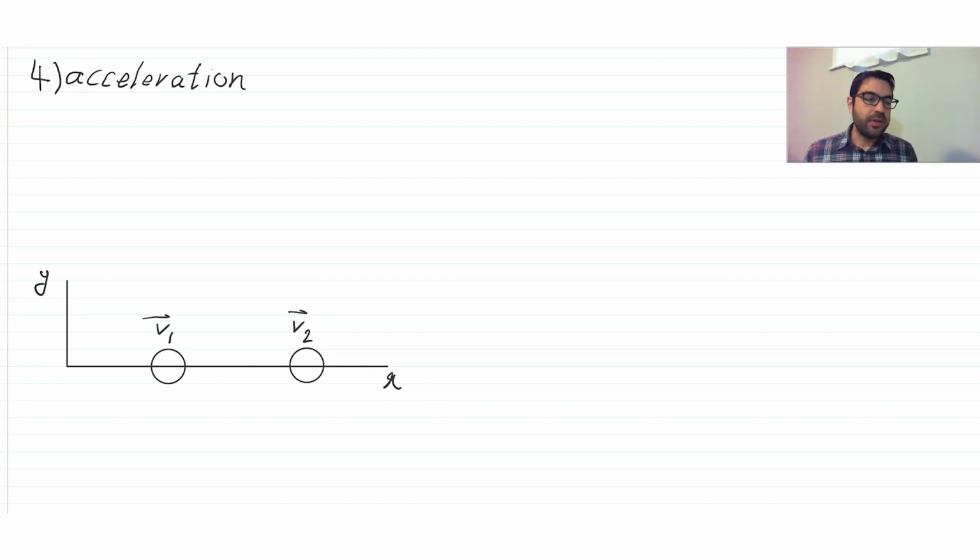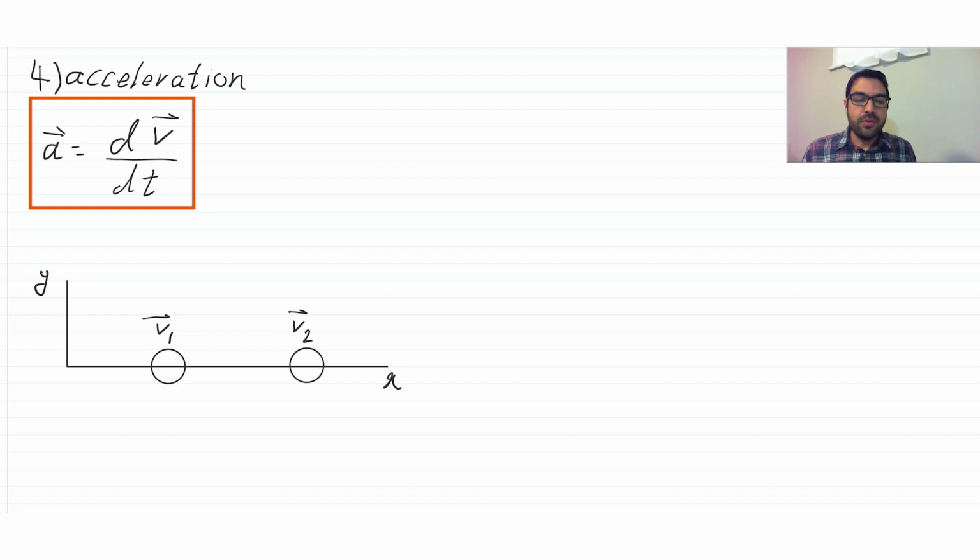The acceleration is the fourth term that we're going to discuss. What is the acceleration? The acceleration now is the rate of change of the velocity, which we write like this. A, or the acceleration, is equal to the change of the velocity over time.